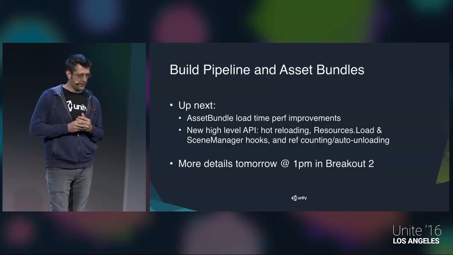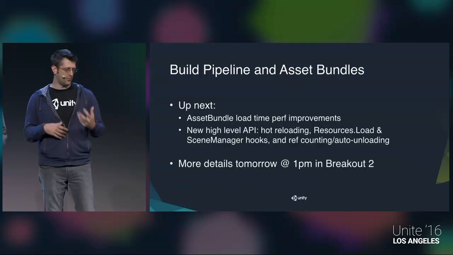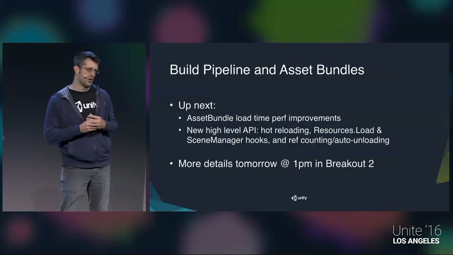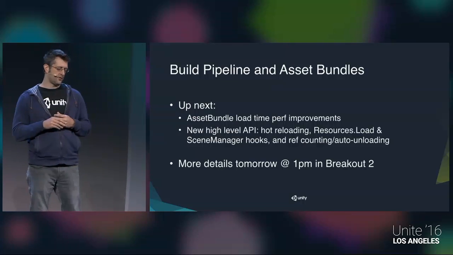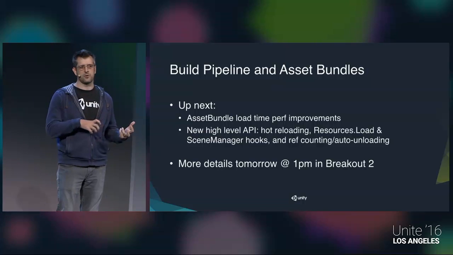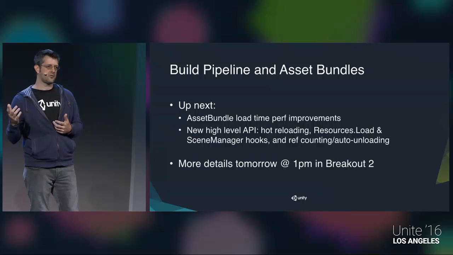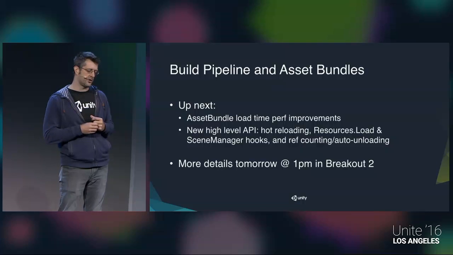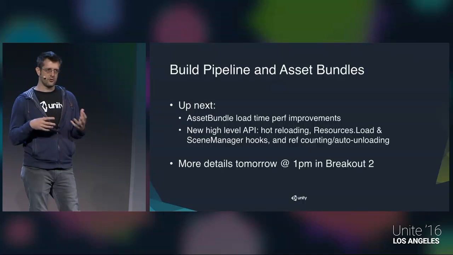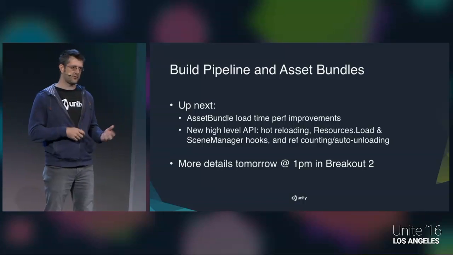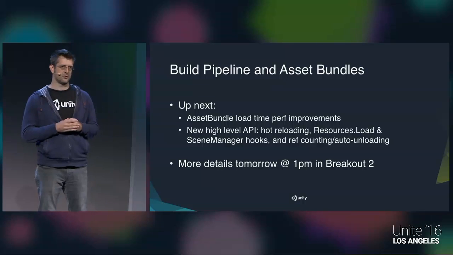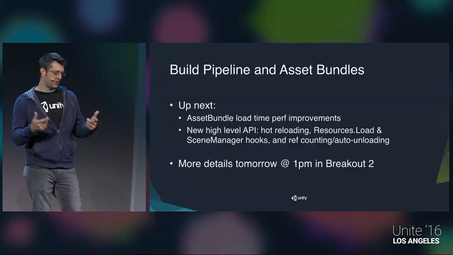Part of that is going to be to help you improve your iteration times with hot reloading. So you'll be able to basically just make changes in the editor. It'll automatically rebuild bundles and send callbacks to your game, and you can choose what to do with those callbacks, whether reloading a scene or just swapping out content in real time. So working locally is just going to be super fast.